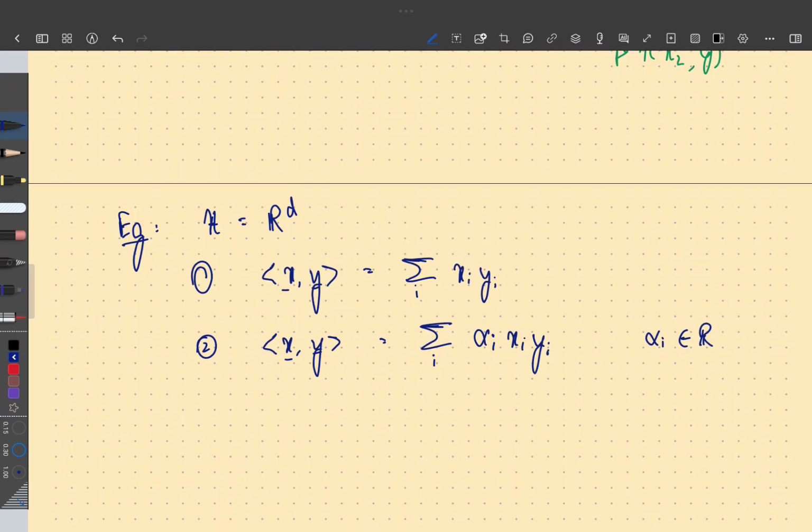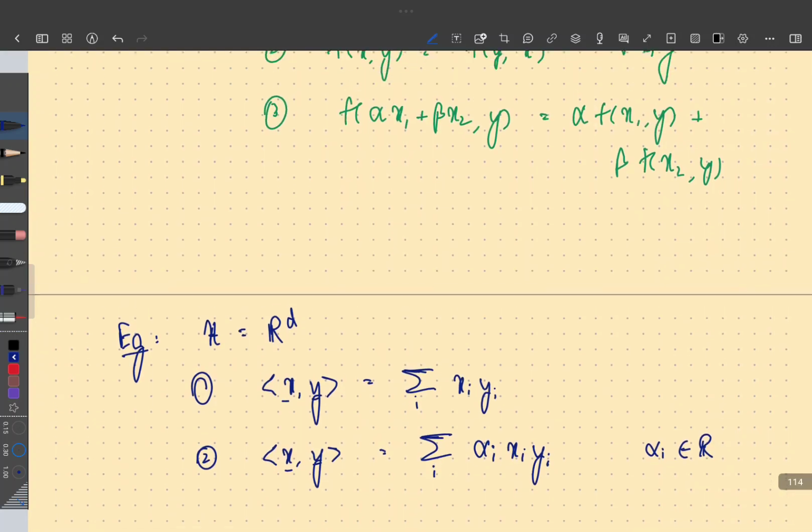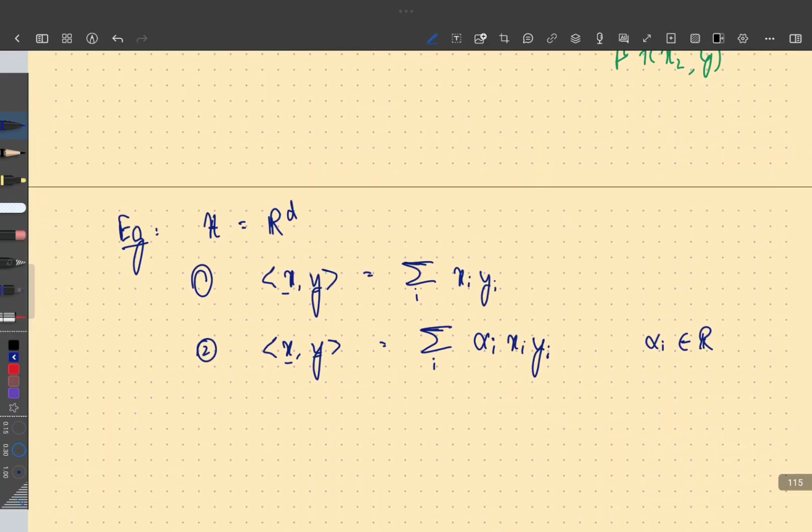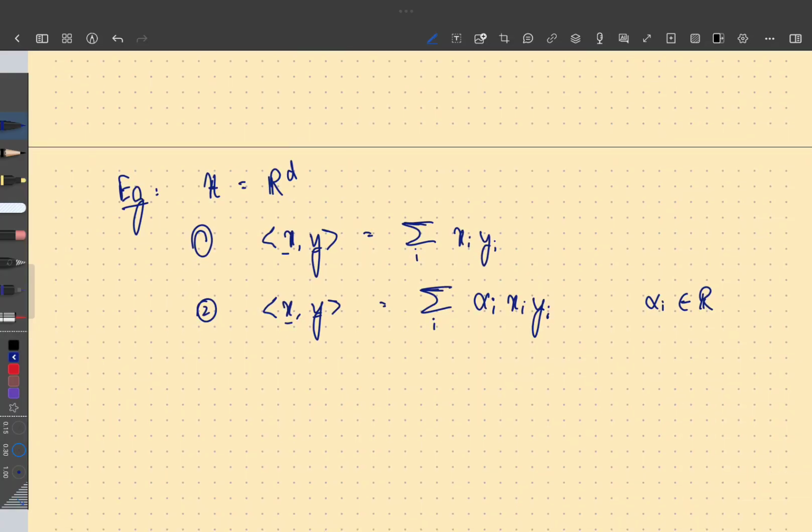Why? Correct. If x is non-zero, then you don't want the inner product between x and itself to ever be equal to 0. So alpha_i should be in the set of all positive real numbers. Alright?